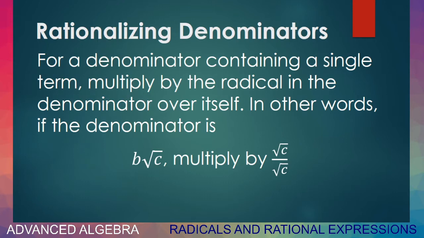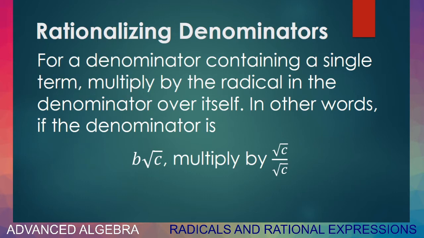So, yung the square root of c over the square root of c, siya yung tinatawag na form of 1. Okay? So, ganun yung gagawin natin kapag ang given na radical sa baba ay single radicals lang siya or single term lang siya, wala siyang kasunod pa. Okay? So, wala siyang operation na kasunod. Okay? So, yun yung gagawin natin.